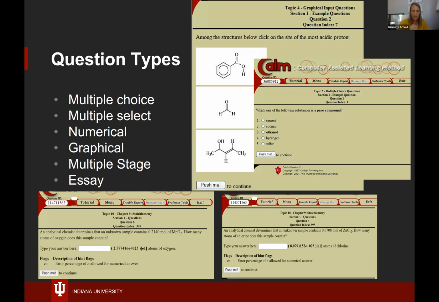If you look at the bottom two examples, these are actually both topic 10, chapter 9, section 1, question 6, right? They have the same index number. They're the same question in the database, but this is just showing you how one student gets it and the other student might get it, and they have different question IDs, and there are different numbers of moles that they're starting with, and a different compound, right?